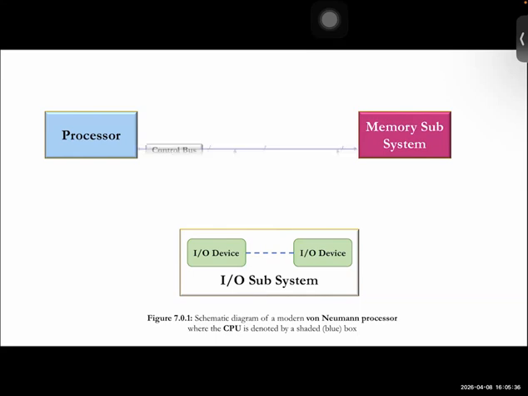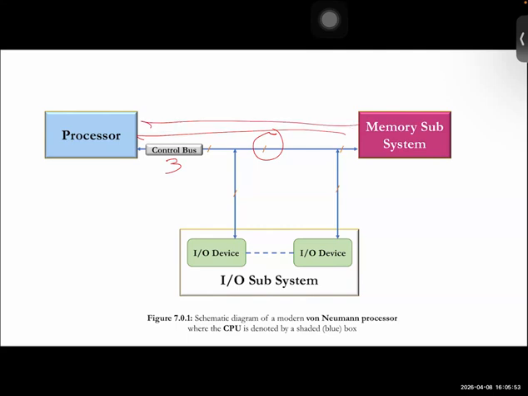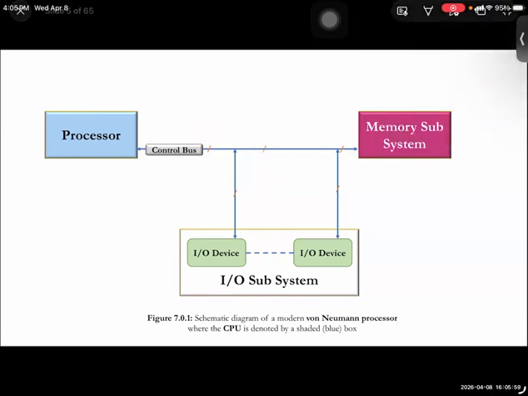Here we are using this vertical symbol because these are parallel buses, not serial buses. Suppose the control bus is 3, it means there will be 3 lines connected, but in this diagram we show these 3 lines with a simple slash mark.